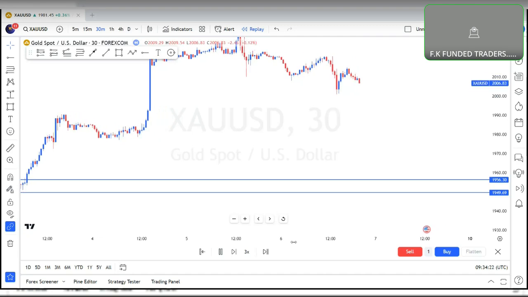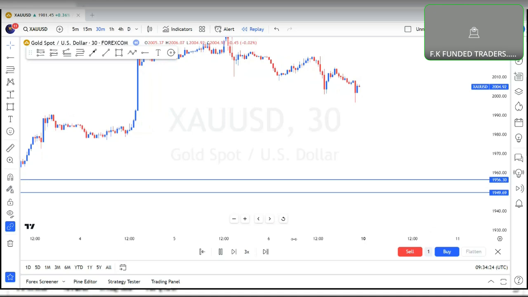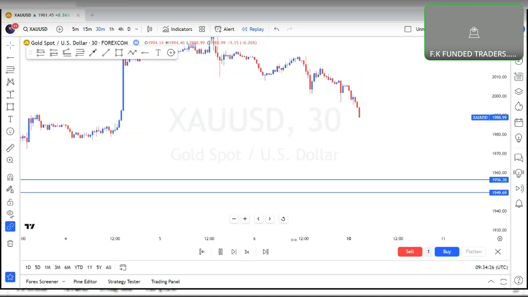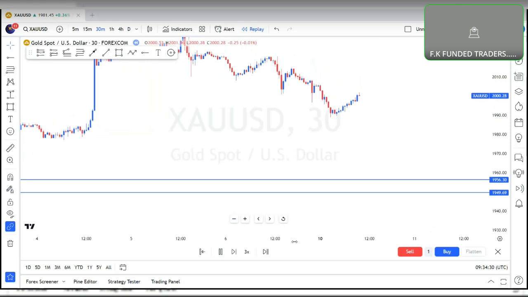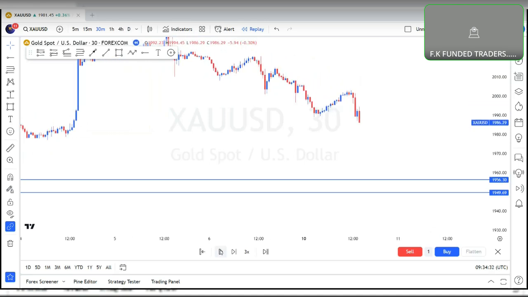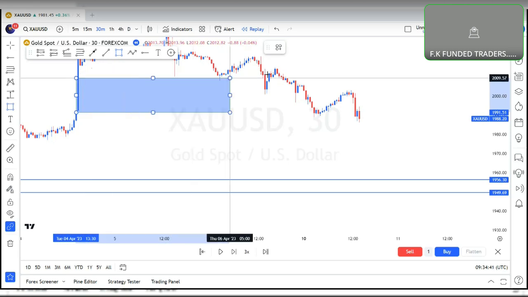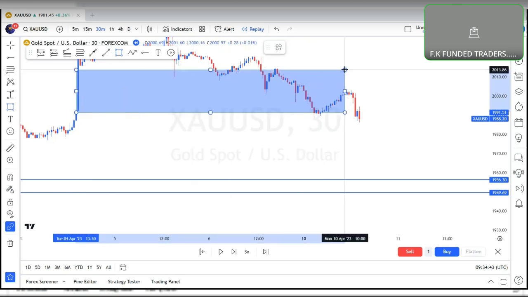You have to know how the market is ranging. How does this pair or different instrument that I'm trading respect the market structure? So indirectly, this gap here was left, and then at the end of the day, the gap was filled. If you observe, the market had to fill the gap.